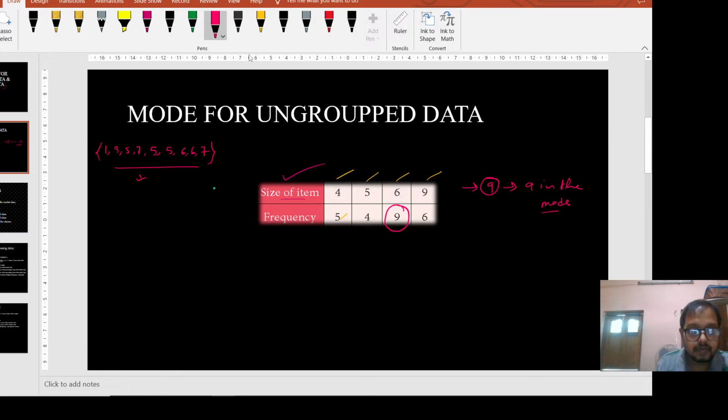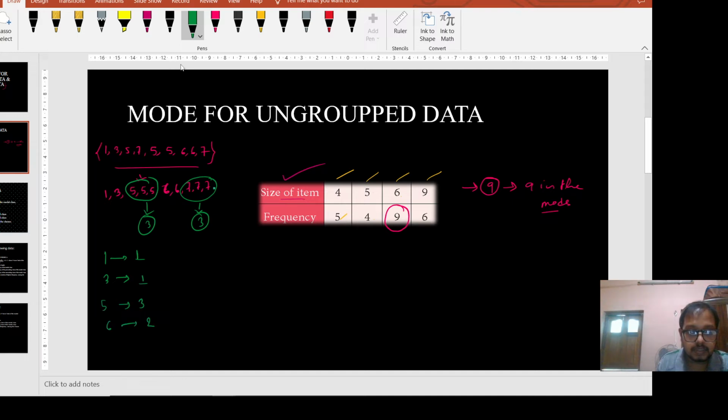First we rearrange it in ascending order. Then 1 occurs 1 time, 3 occurs 1 time, 5 occurs 3 times, 6 occurs 2 times, and 7 occurs 3 times.